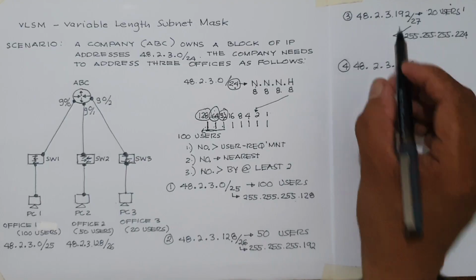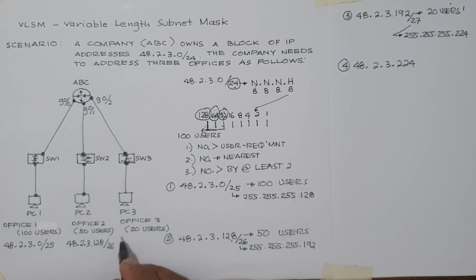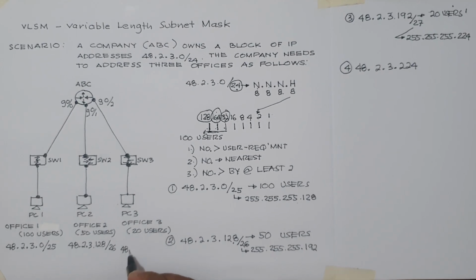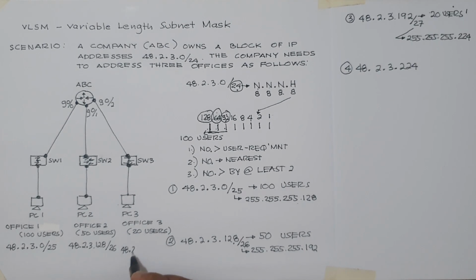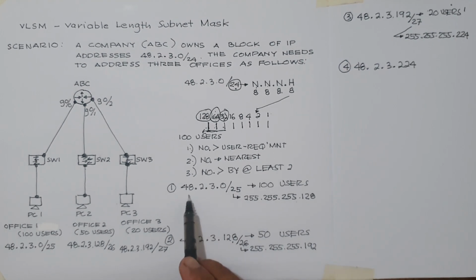And for the third, we use 48.2.3.192/27. Okay. Now, what are the usable IP addresses in this first subnet?